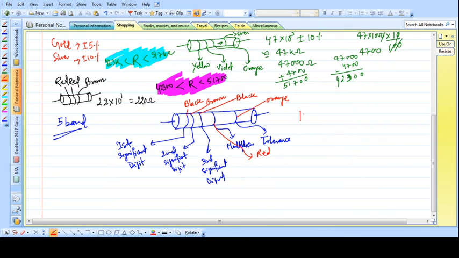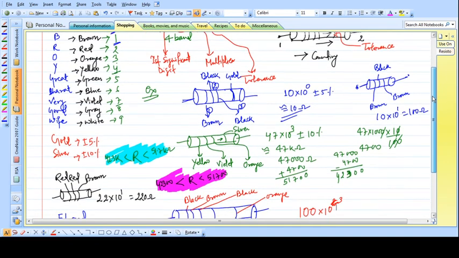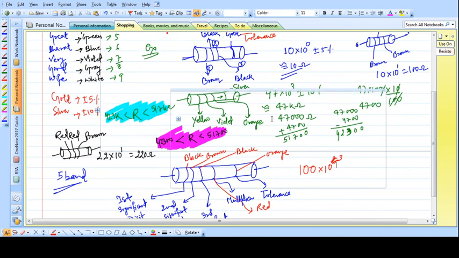Black is 1, black is 0, brown is 1, so 100, times red, 10 to the power 2. Orange is 3, not 2, sorry. So it should be 10 to the power 3.